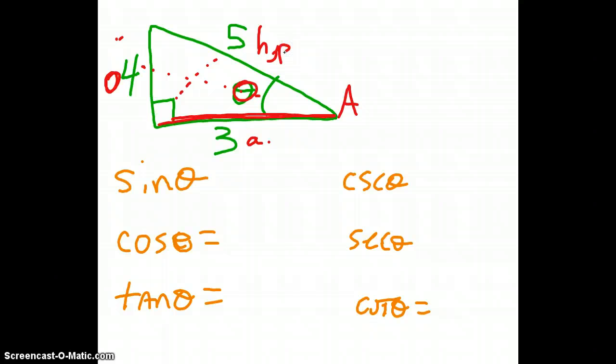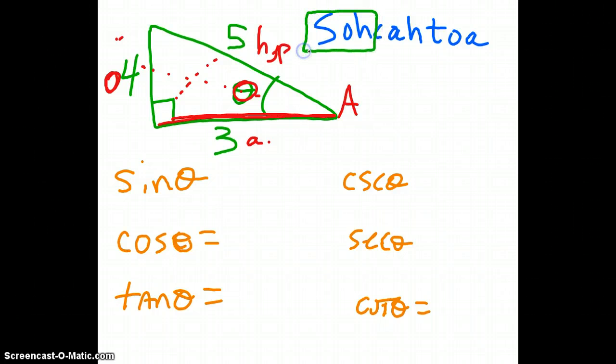So how am I going to tell these ratios? Well, let's go back to SOHCAHTOA. SOHCAHTOA is a way that we can remember what the sine of a function means. We're going to take the opposite leg, which is 4, and divide it by the hypotenuse, which is 5.